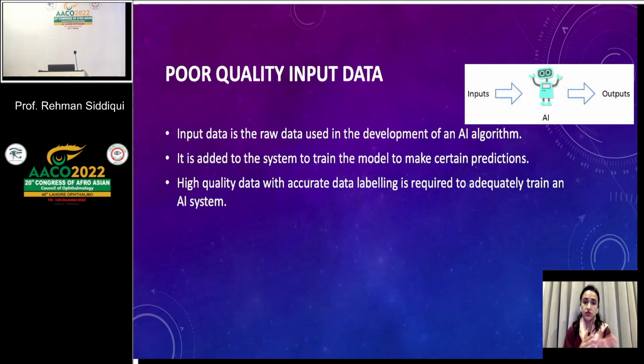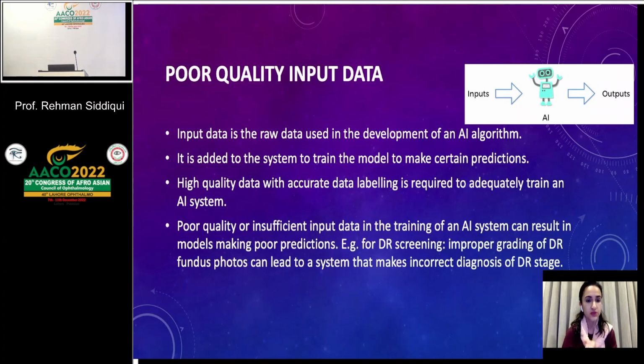So as a revision, the very basic diagram would be, I would give an input to the AI system and it would learn and train itself to give us certain outputs, which would be the predictions. Okay, so poor quality or insufficient data can result in poor models making poor predictions, as I just explained to you.